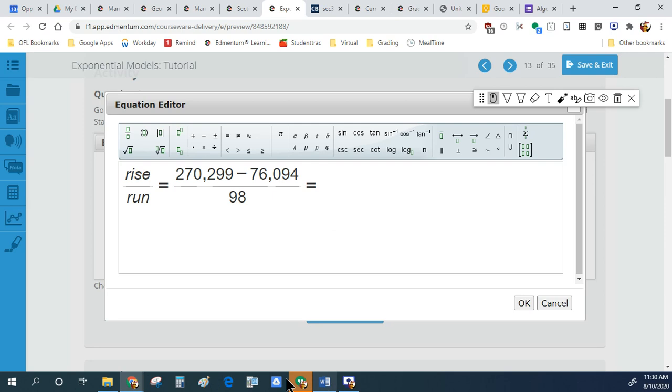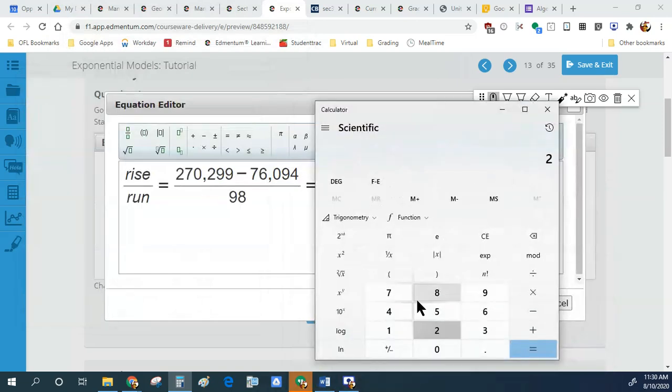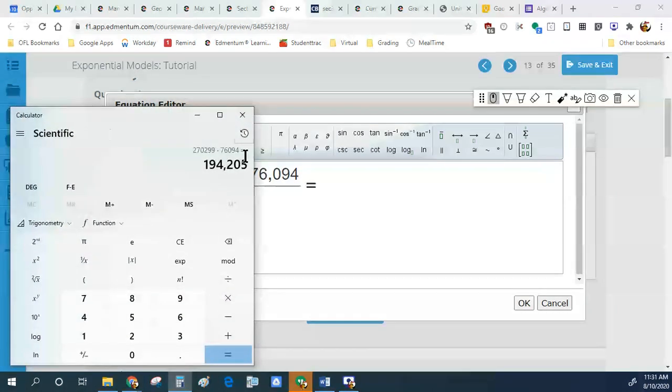So let me pull out my calculator. So we have about 194,205.